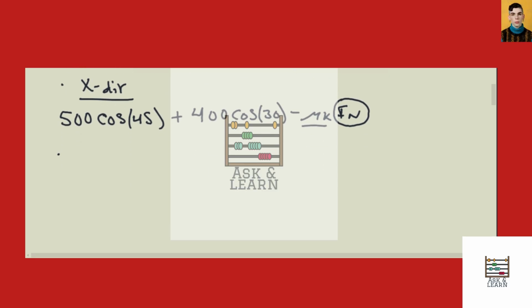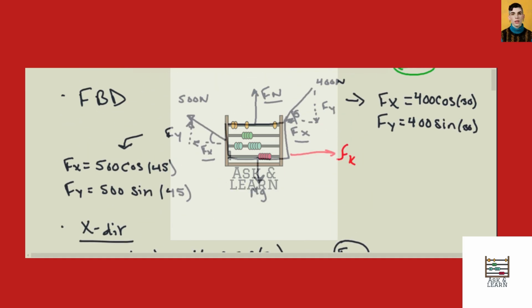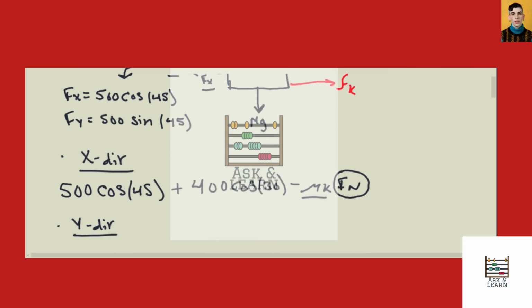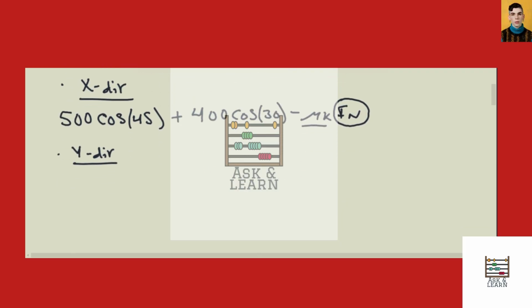So in the y direction, we have f of y's on both sides, and we have f of n pointing up and mg pointing down. So again, we have positive f of n, on the left side we have a positive f of y, and on the right side we have a negative f of y, and then mg, the weight, is also negative.